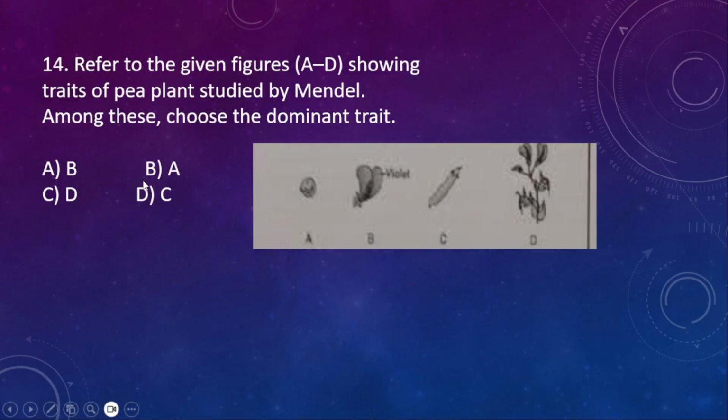A is wrinkled seed, B is violet flower, C is constricted pod, and D is dwarf plant. Among them, which one is dominant? The violet flower is dominant. The others are recessive. So the right option is option A, which is actually B.